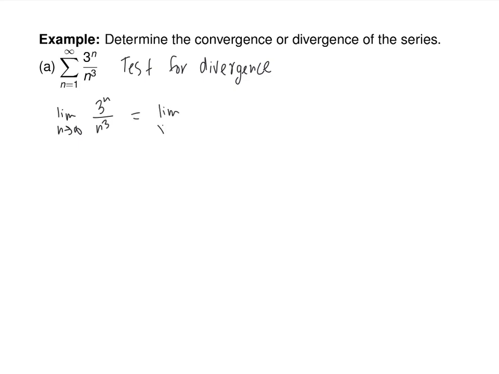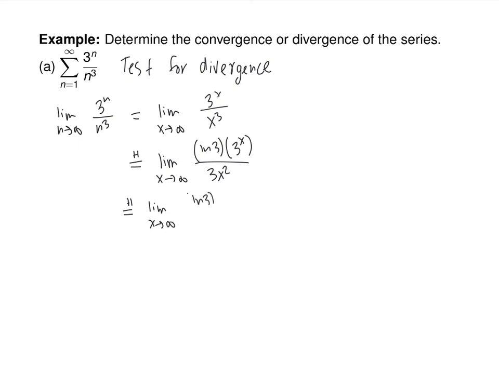I'm going to use L'Hopital's rule, so I'm going to change my n's to x's. And I have an infinity over infinity limit. The derivative of 3 to the x is ln of 3 times 3 to the x, all over 3x squared. Still infinity over infinity, so do it again.